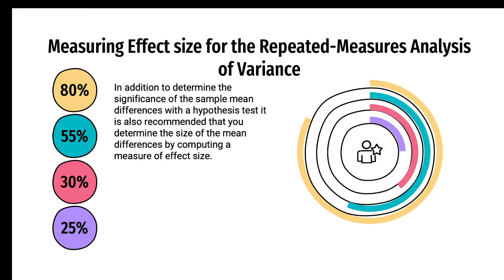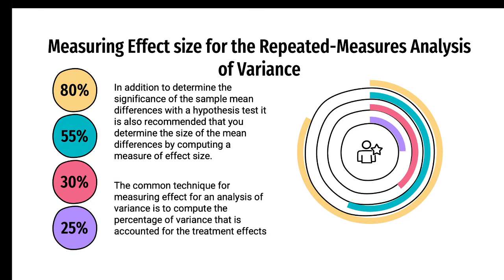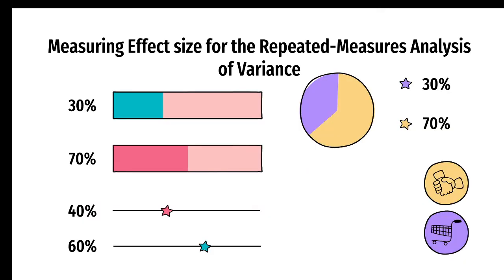In addition to determining the significance of the sample mean differences with the hypothesis test, it is also recommended that you determine the size of the mean differences by computing a measure of effect size. A common technique for measuring effect size for an analysis of variance is to compute the percentage of variance that is accounted for by the treatment effects.